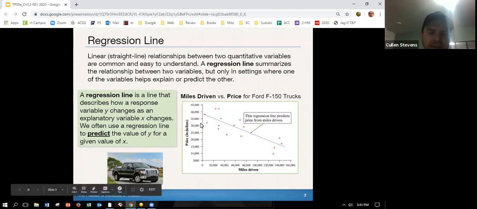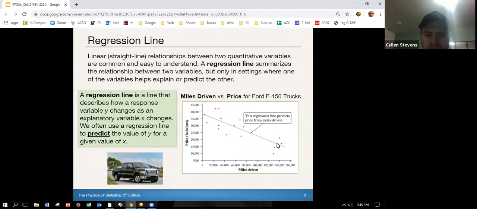You can see a very natural relationship here with a vehicle. This is the miles driven versus the price for Ford F-150 trucks. As x increases, as the miles go up, the price decreases. This has a negative slope, a negative association, a negative relationship.